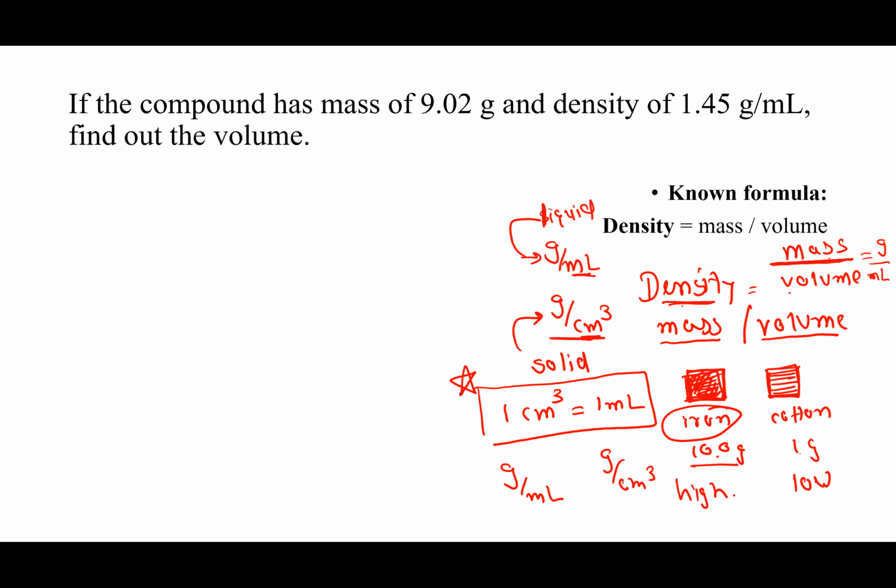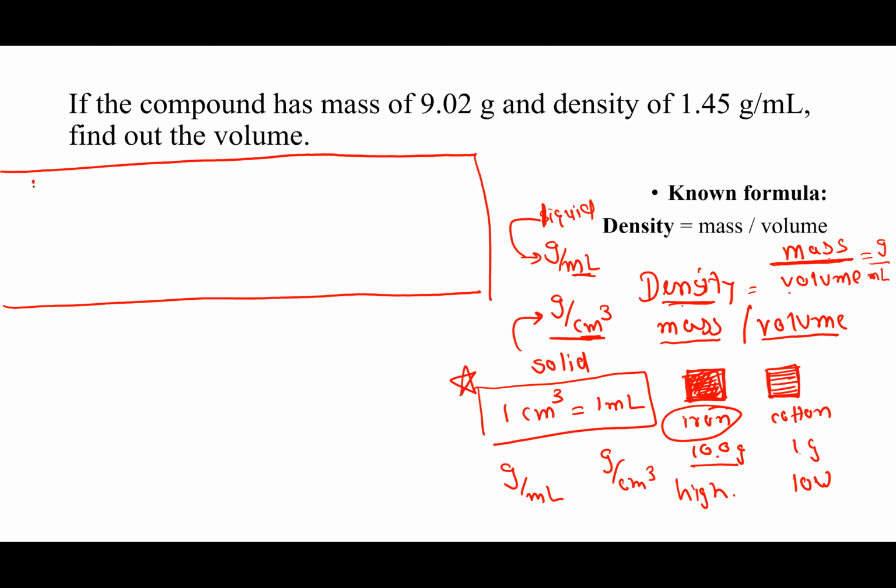Okay. So in this case, if I'm going to give you the mass and the volume, you can find out the density. Let me give you a simple example before we work on the given problem. Let's say the iron cube has a mass of 23.40 gram, and it has a volume of, let's say, 12.1 centimeter cube.